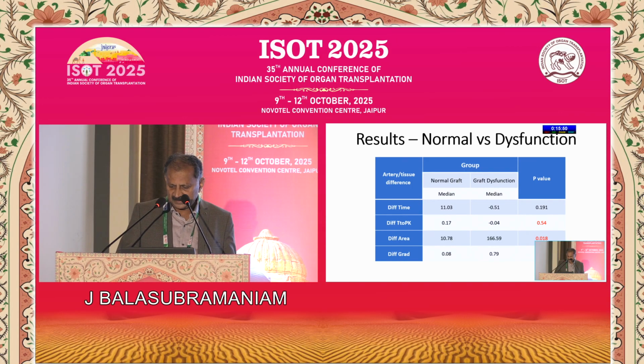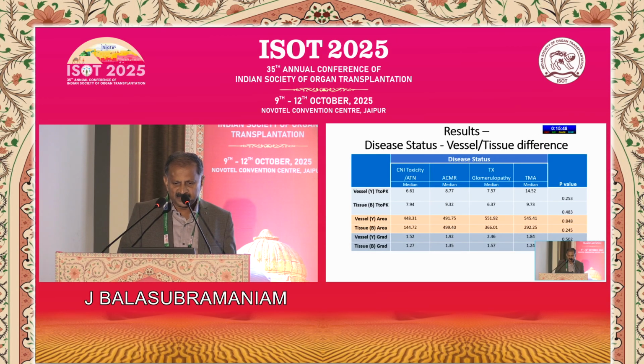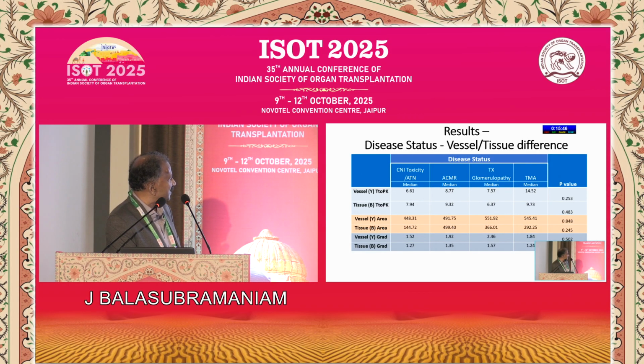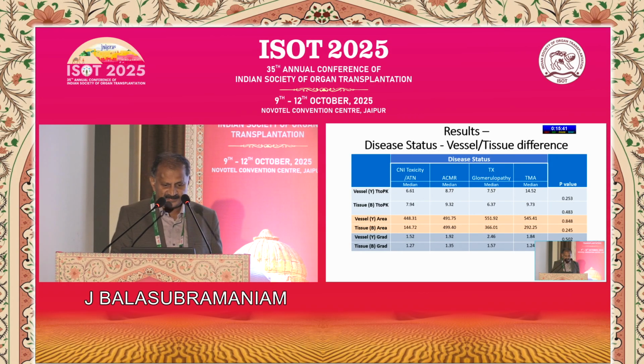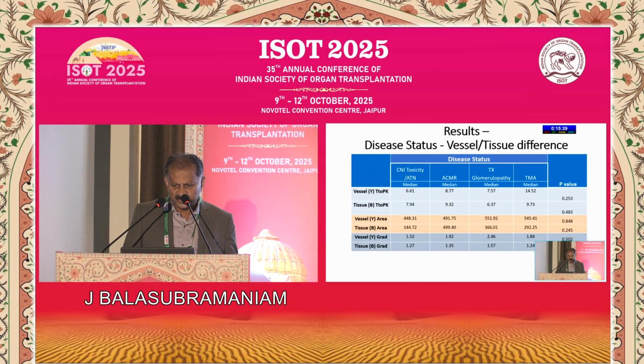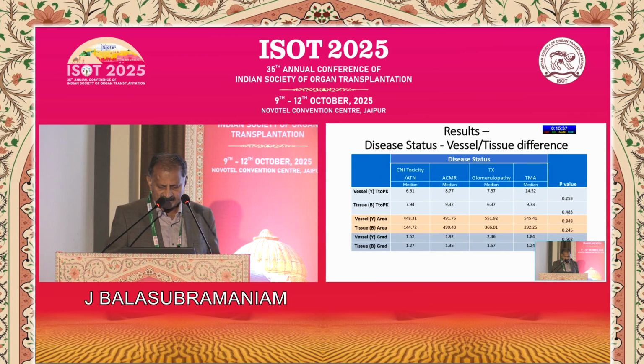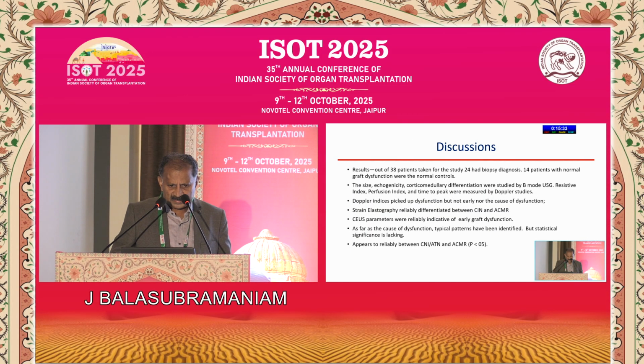So normal versus subnormal was not difficult, but for the various types of dysfunction, I tried to get some significant differences, but because of the small numbers, I could not get significant values.